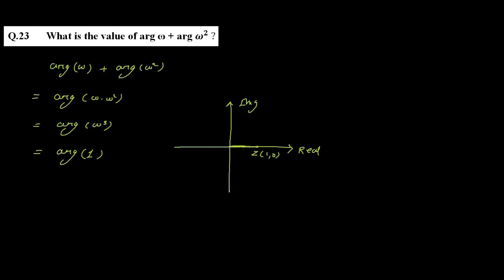This line segment makes 0 degrees with the positive real axis, and that is our argument. So the argument of 1, or of any positive real number, is 0. Note it down. Students, sometimes this argument is also known as the principal argument. So if the question is asking for argument or principal argument, the answer will be the same. Note it down.